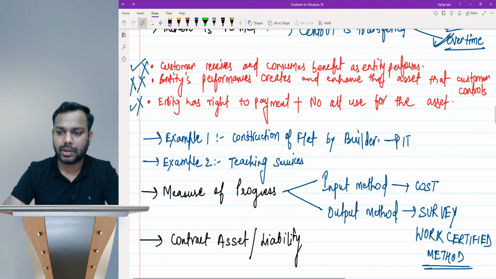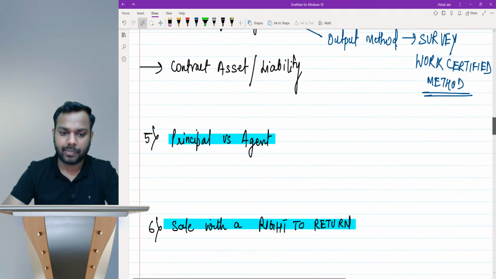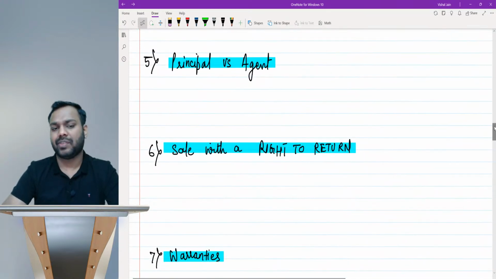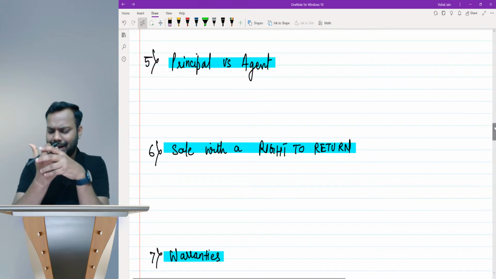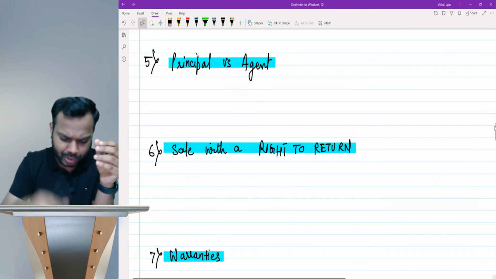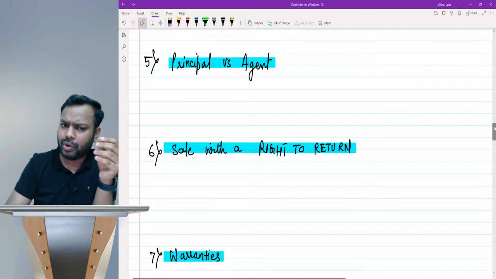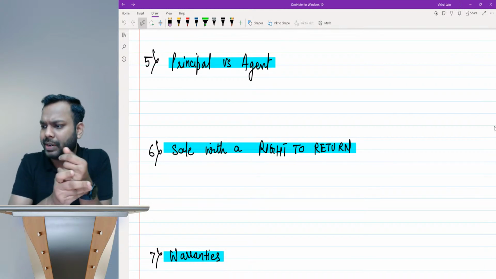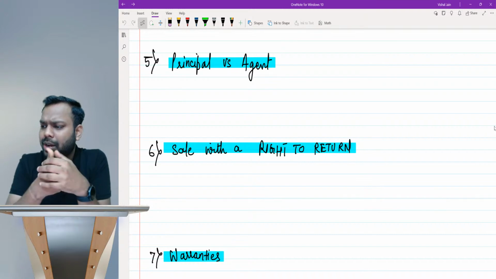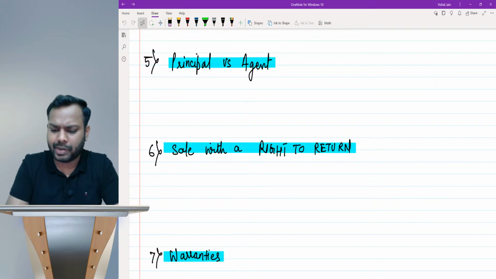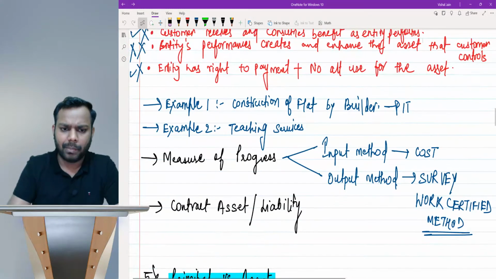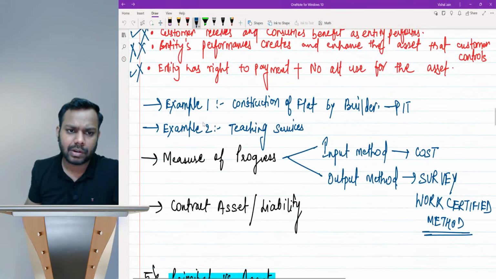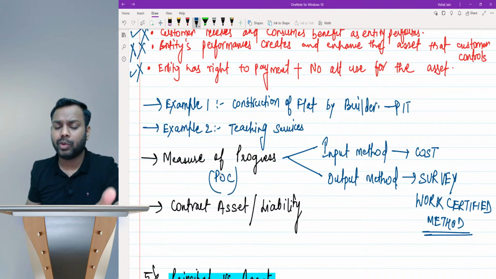Now, let us move on to the next topic, that is principal versus agent. Now, guys, we must understand, let me take up an example. Percentage of completion. Saurabh, that's what I have explained here. Measure of progress is nothing but percentage of completion. Another name for this is MOP or POC.